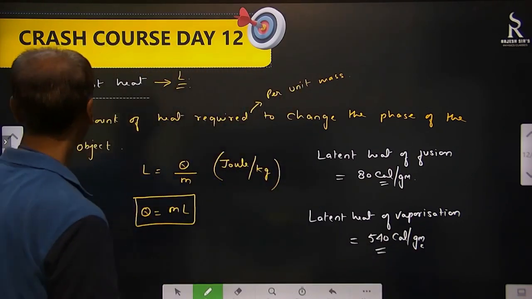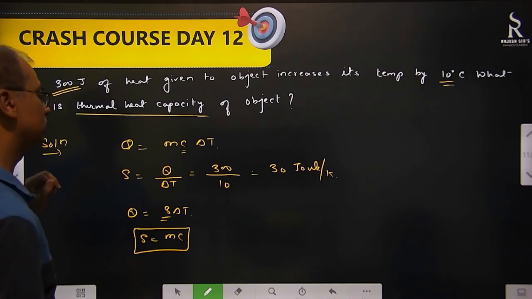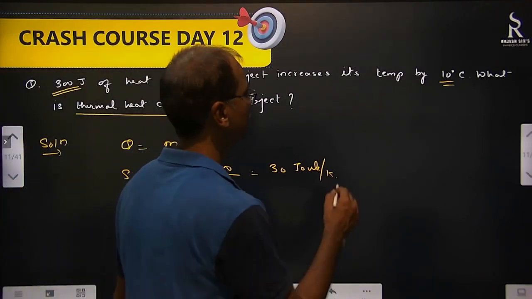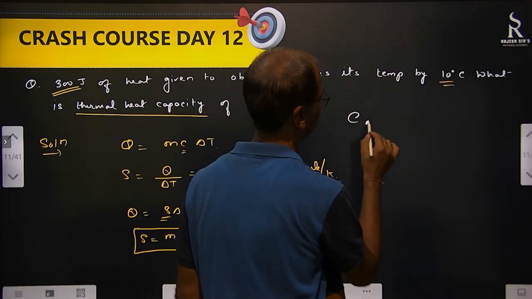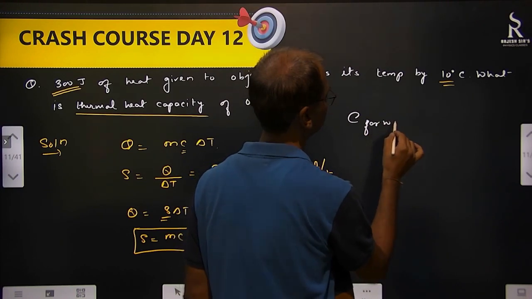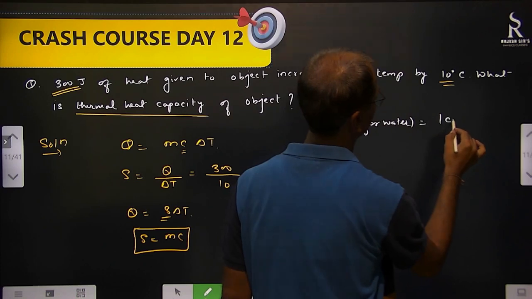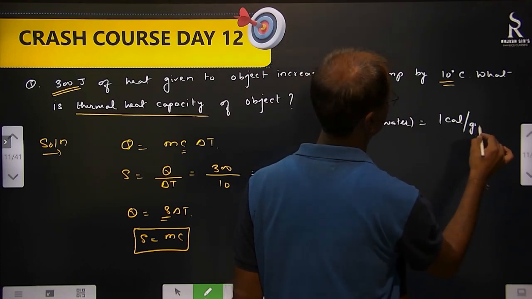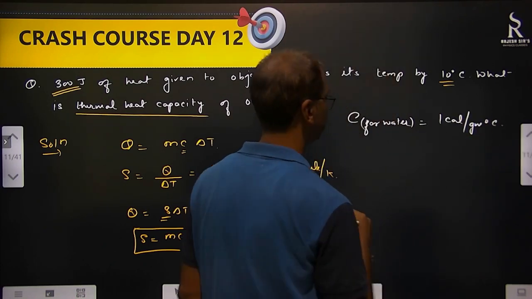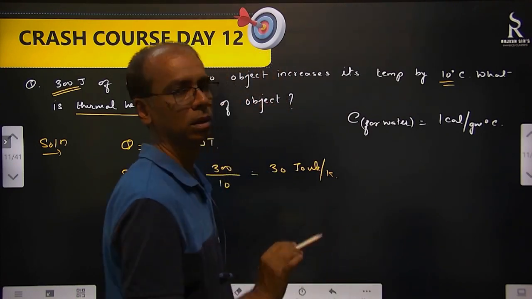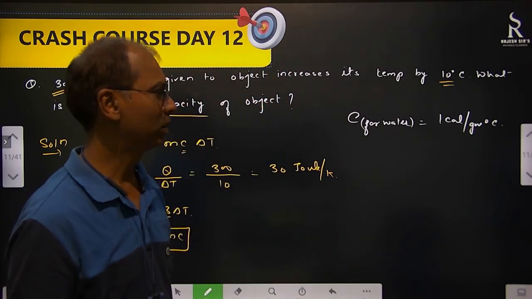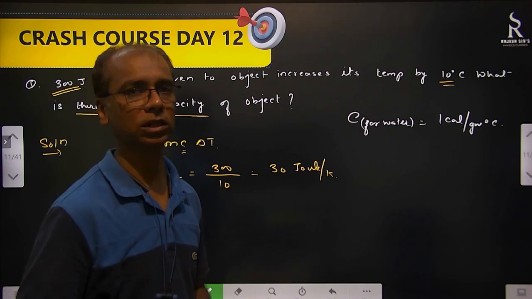Okay, same way if suppose specific heat also we know. Answer is yes, specific heat also we know. Specific heat for water. Okay, 1 calorie per gram per degree centigrade. In ice also we know, but that is not asked in the question. Normally it will be given ice at 0 degree centigrade only.